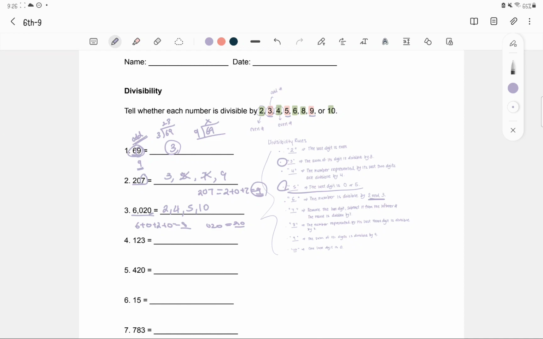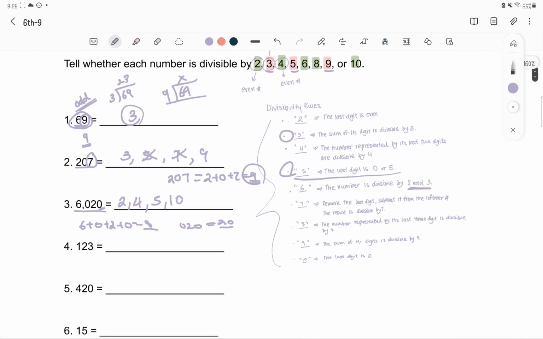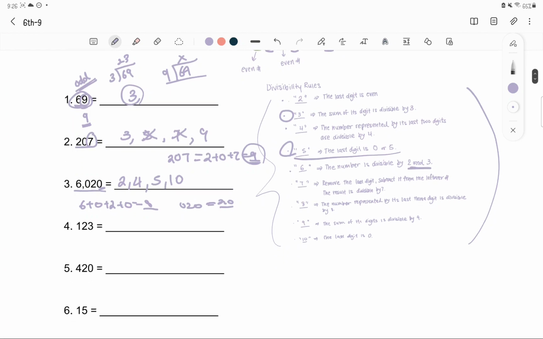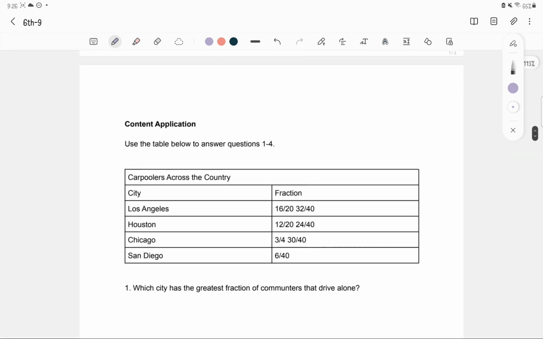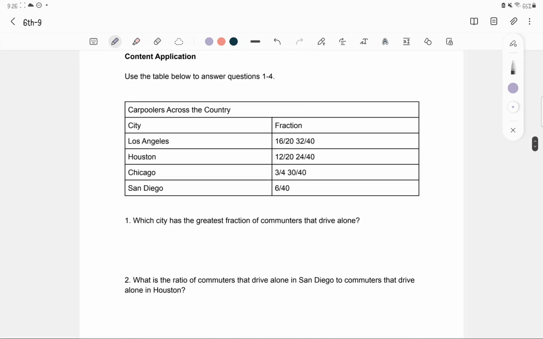You definitely have to check every number that makes sense and acquires the rules. Let's move on to the concept application. It is really important that you understand the chart over here.